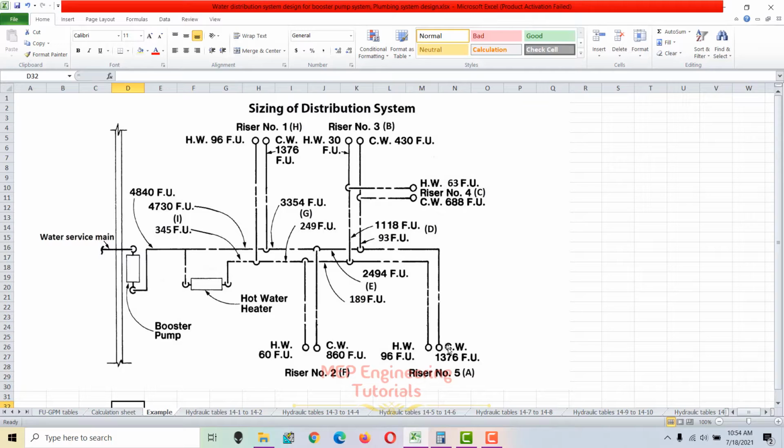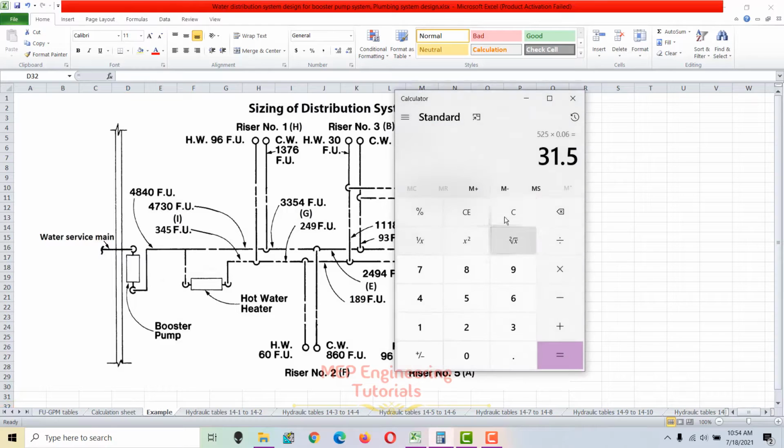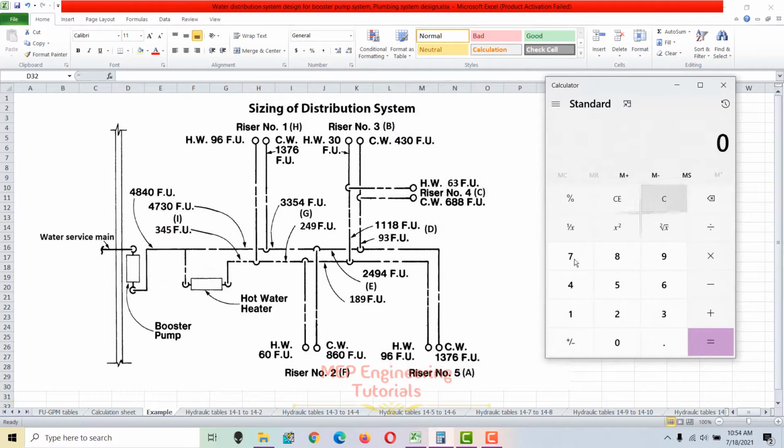If you sum up the water supply fixture units up till this point, let's check the cold water fixture units. This riser 5 or section A is 1376, plus we have 688 here and 430 cold water fixture units here, that is 2494 at this point.